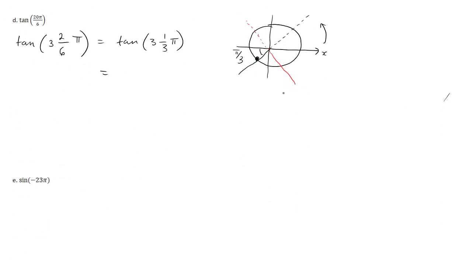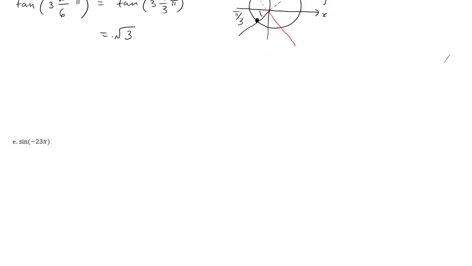Sorry, not 1/3. It's square root of 3. Okay, so the entire answer is just going to be square root of 3. So essentially, all you're doing is identifying where you are and then whether the answer is positive or negative.